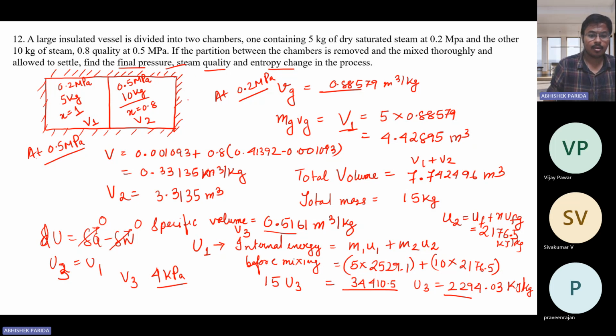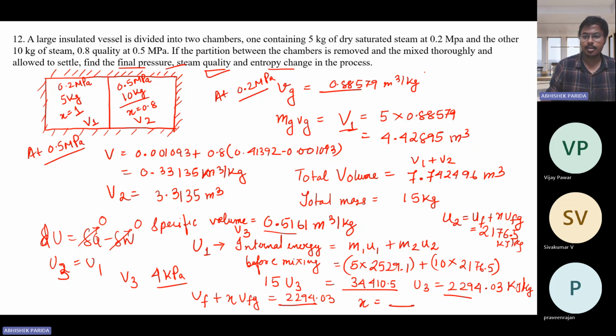And based on that, once you fix that, you can calculate U = UF plus X UFG, equal to whatever you have, 2294.03. From here you will get X. So steam quality is done.